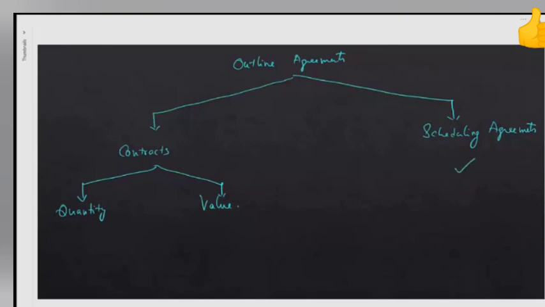So what's a scheduling agreement? A scheduling agreement is very similar to a contract, and that's the reason why we have classified them as outline agreements. But what is the difference? The difference is, in a scheduling agreement, we're going to have a schedule of when the vendor is going to deliver what.